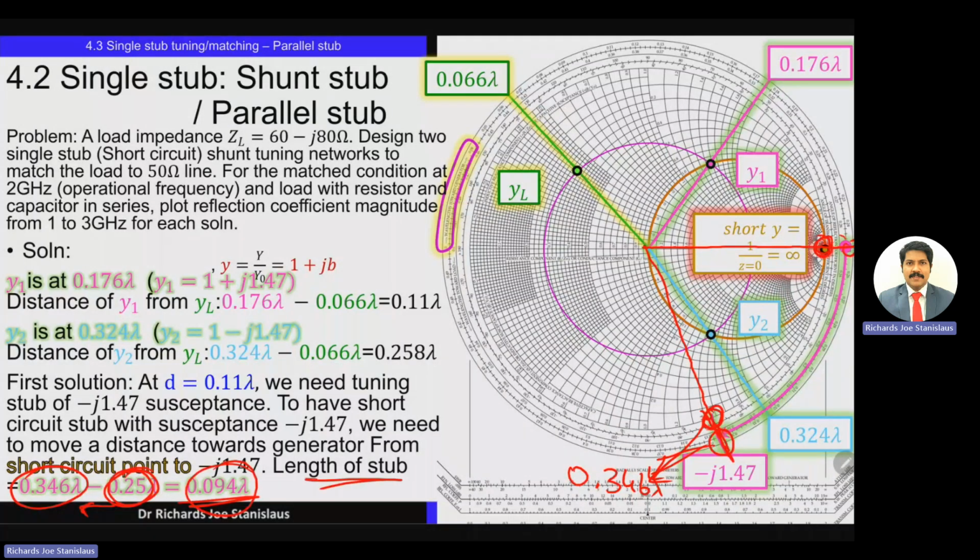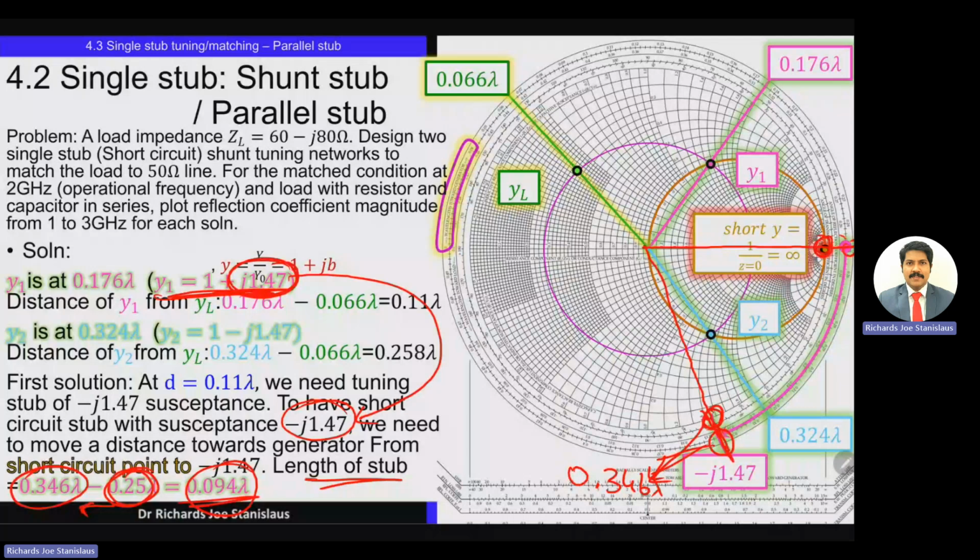So this is how we are calculating the stub length, which needs to be connected at Y1. At Y1, we had the admittance value as 1 plus j 1.47. Hence, to cancel out this admittance of plus j 1.47, we are moving from a short circuit to reach a value of minus j 1.47.